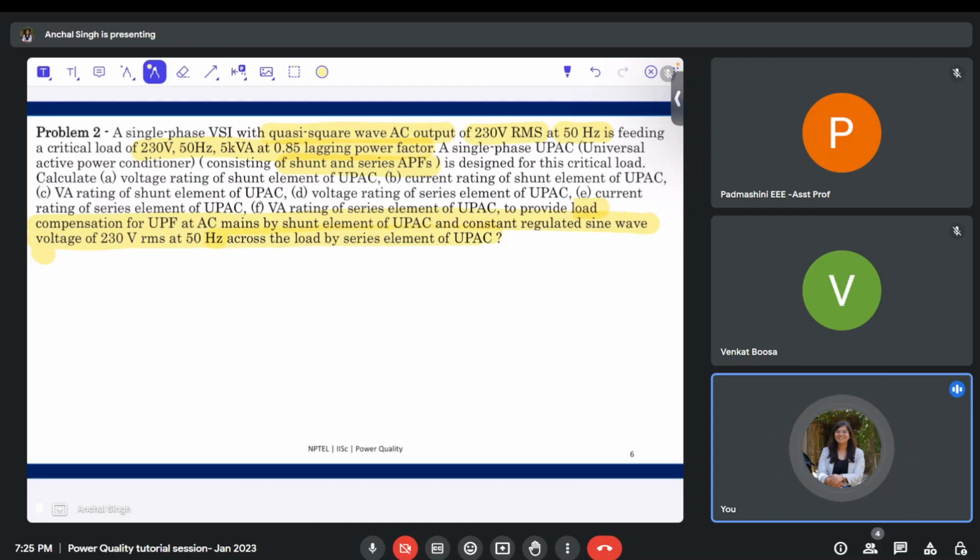The shunt has to take care of reactive power compensation and harmonics, and the series has to take care of the voltage magnitude. Okay. So again, this is the similar circuit.